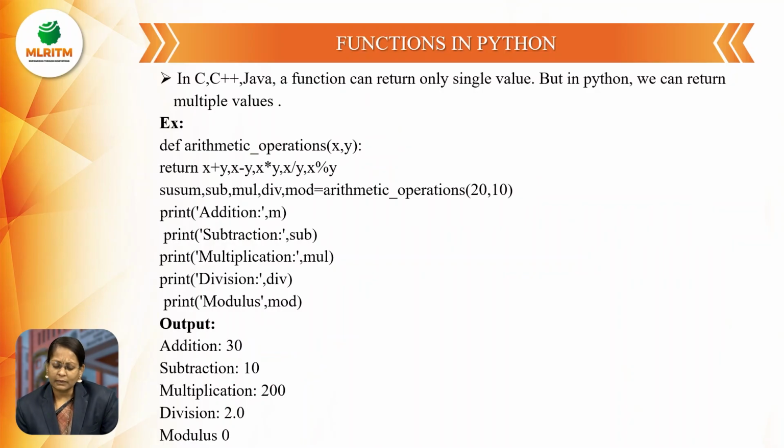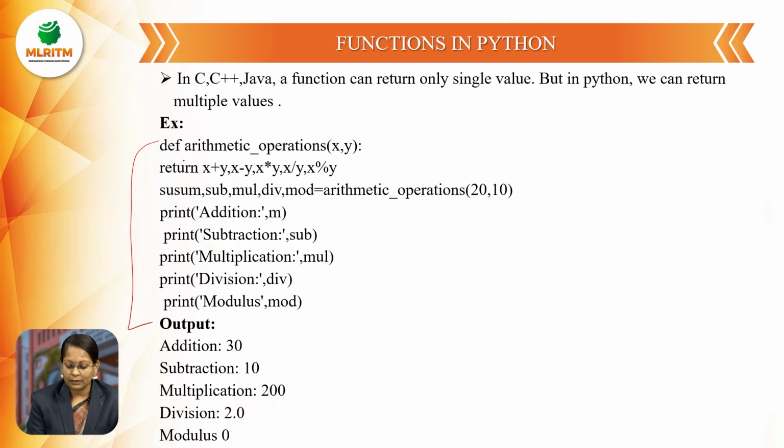Generally in C and Java, a function can return only a single value. But in Python, we can return multiple values at a time. So this is an example of returning multiple values, just like arithmetic. Here we are performing arithmetic operations and returning multiple values at a time in Python.